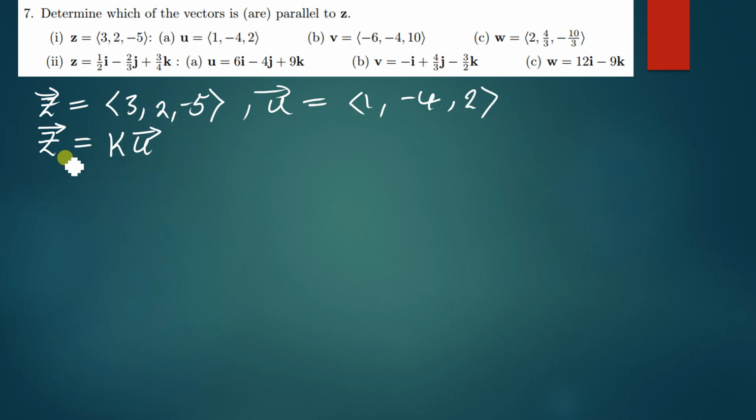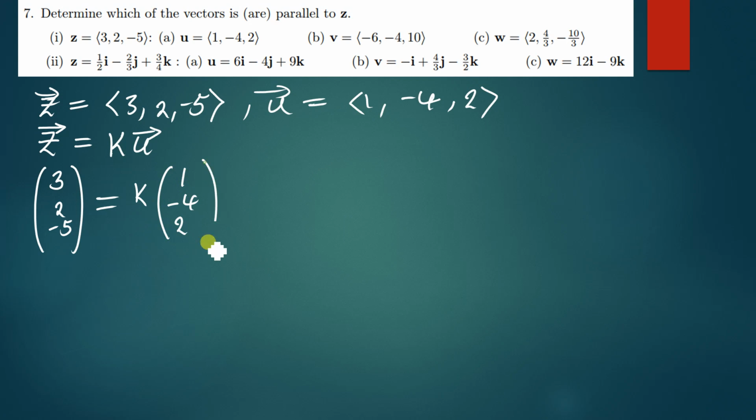We can write these vectors in this equation: (3, 2, -5) is equal to K times (1, -4, 2). We can try to find the values of K on at least two components or two terms in these vectors.